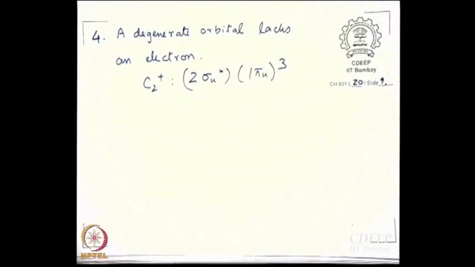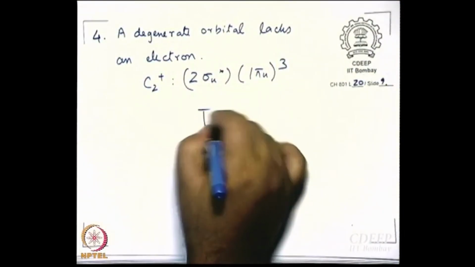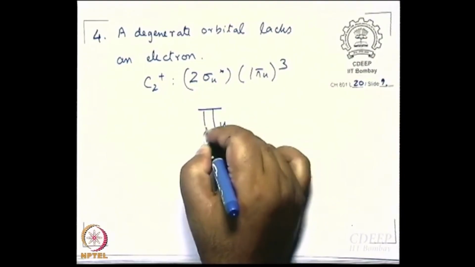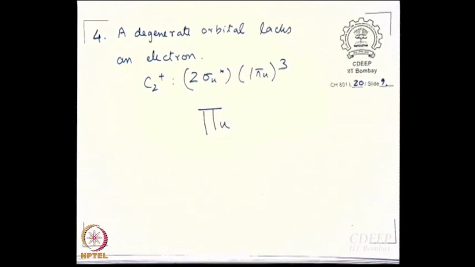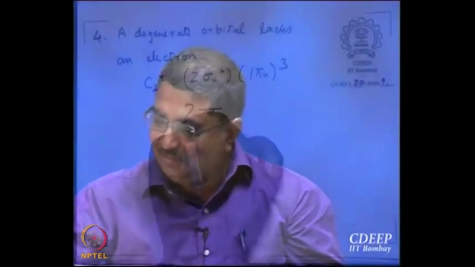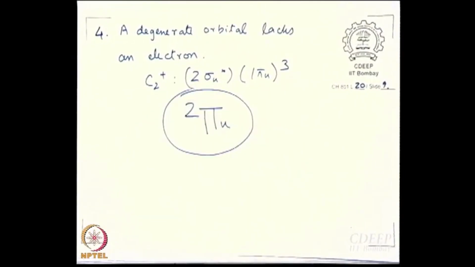There is one deficiency, right? One deficiency means one hole, right? So, I call this state capital pi u. What will be the multiplicity? One hole. So, can we plus half, can we minus half? Doublet. Doublet pi u.